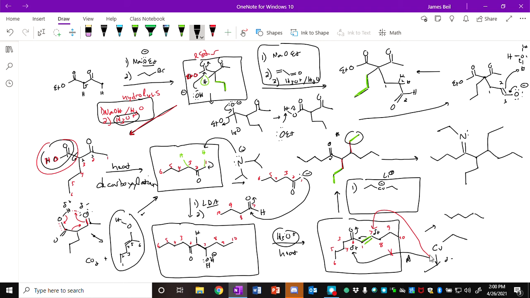So when these electrons come into 7 and push, it's going to push all the way up to the oxygen. And the alpha group is coming in now and is connected to 7. But now what I've made is a resonance stabilized intermediate. So if this had attacked the carbonyl carbon, the intermediate would not have been stabilized by resonance. So it goes through a higher energy pathway. That's what makes it less likely.